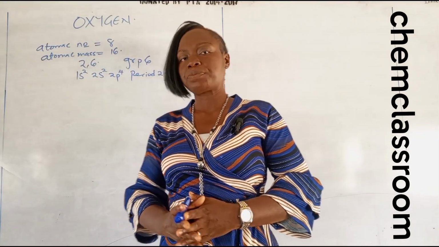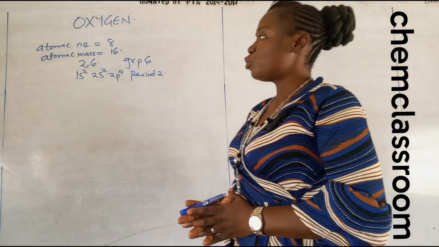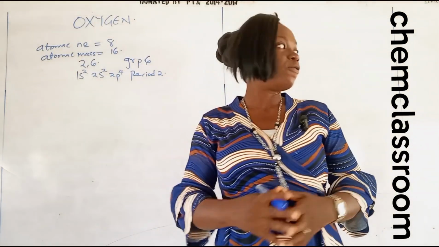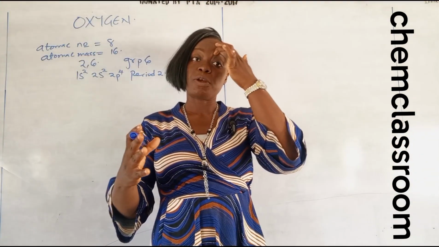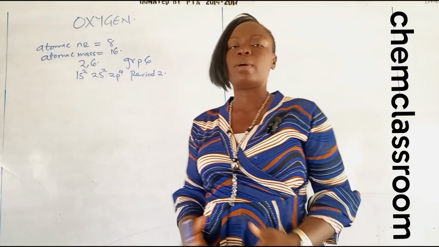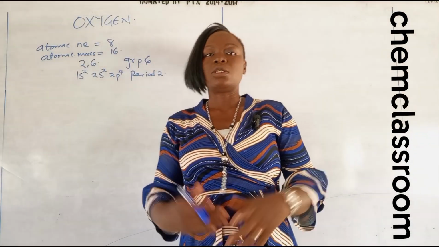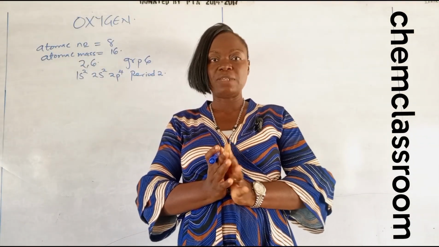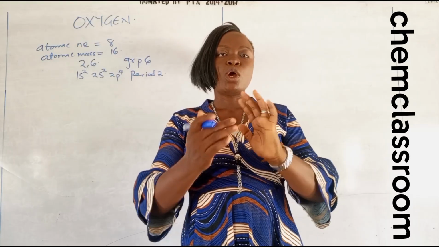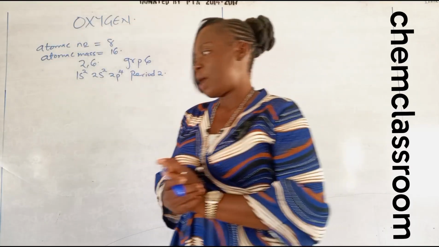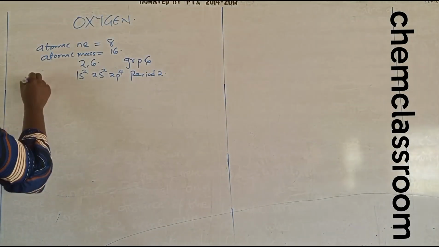That being said, now I want to go to the laboratory preparation of oxygen. The laboratory preparation of oxygen can be done in about 2 ways. The first one is the decomposition of hydrogen peroxide or the decomposition of potassium chlorate. I'll be using the potassium chlorate as a very good example.